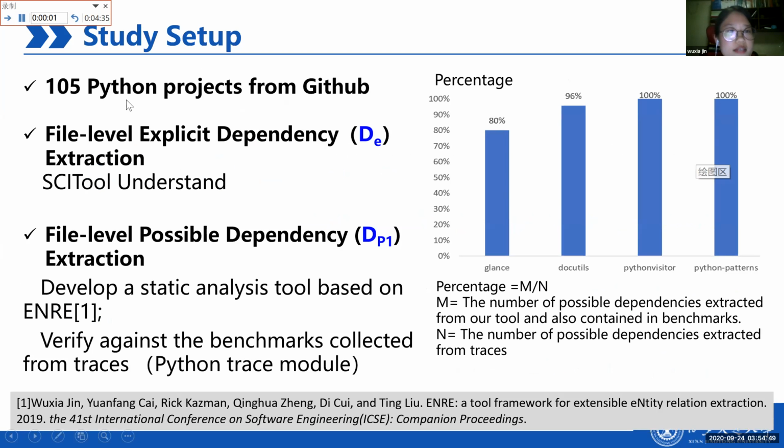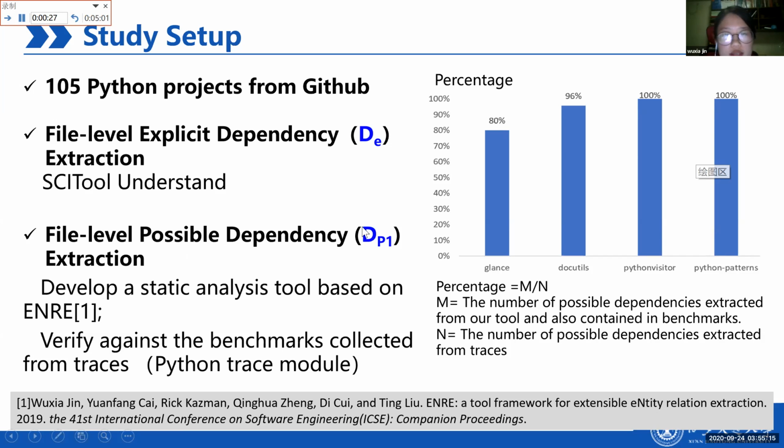We conducted this empirical study on Python projects collected from GitHub, and we use the Understand tool to export file-level explicit dependency, and we denote the result as DE. We also developed a static analysis tool based on array to extract file-level possible dependency.